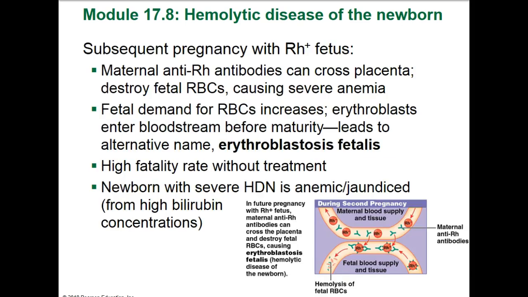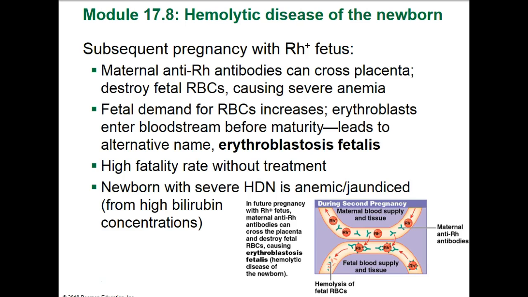In a subsequent pregnancy with an Rh positive fetus, the maternal anti-Rh antibodies can cross the placenta now and destroy the fetal red blood cells. And that would cause anemia in the fetus. The fetal demand for the red blood cells increases. The erythroblasts enter the bloodstream before maturity. That leads to erythroblastosis fetalis.